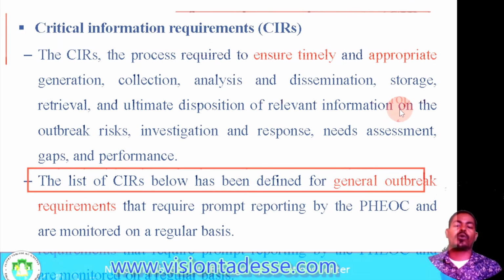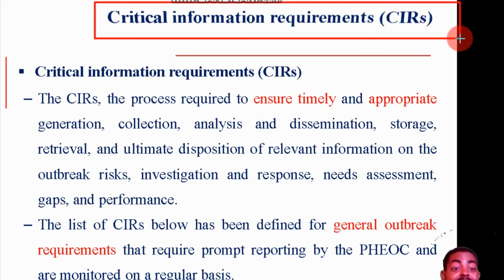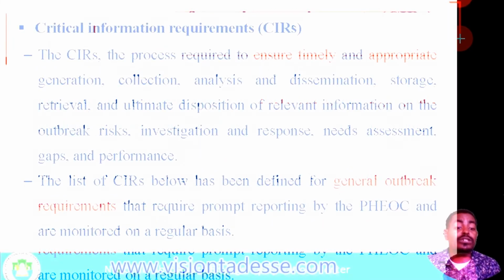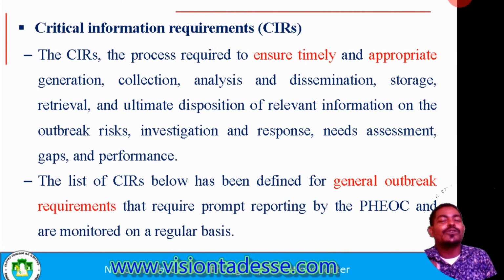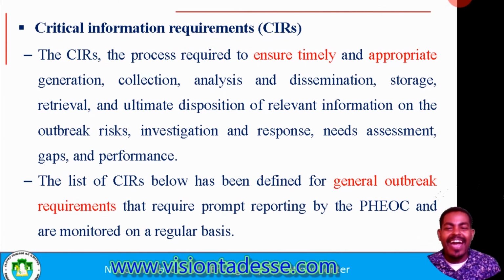Let us continue to the other: the critical information requirements. What are critical information requirements, the CIR? The process required to ensure timely and appropriate generation, collection, analysis, dissemination, storage, retrieval and ultimate disposition of relevant information on the outbreak, risk investigation and response, needs assessment, and gap and performance.